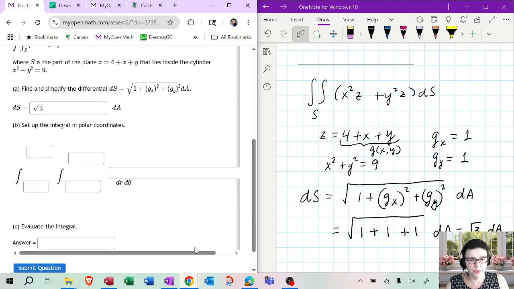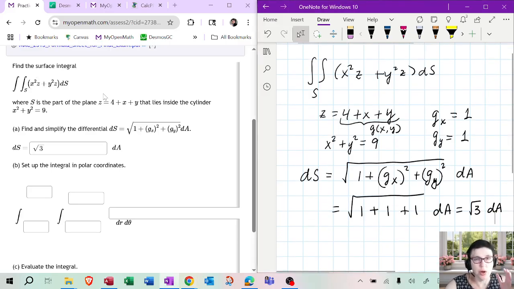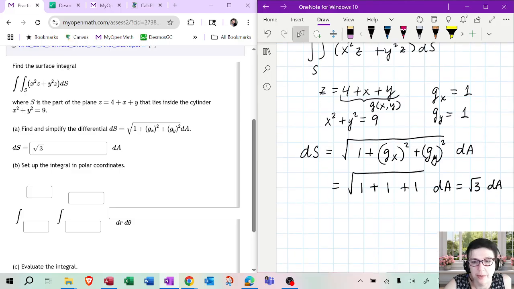Now we need to figure out what we are actually integrating: x squared z plus y squared z. But remember that because you are on the surface, the slanted ellipse, z equals 4 plus x plus y. So you cannot use z there; when you switch to a double integral, you have to substitute what it is.